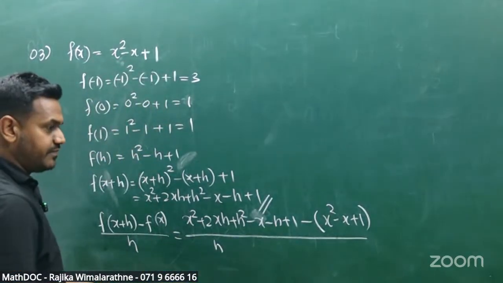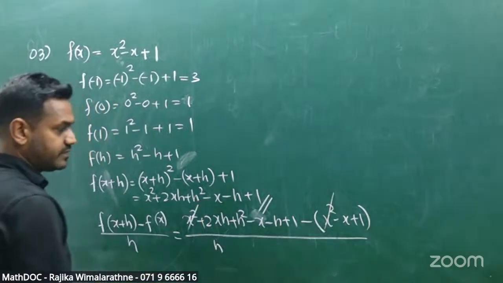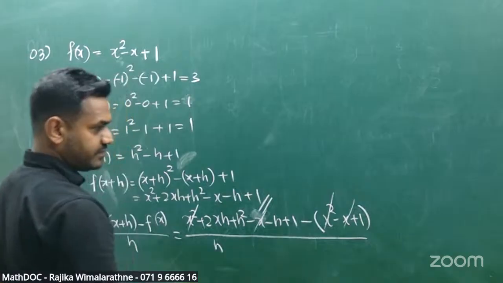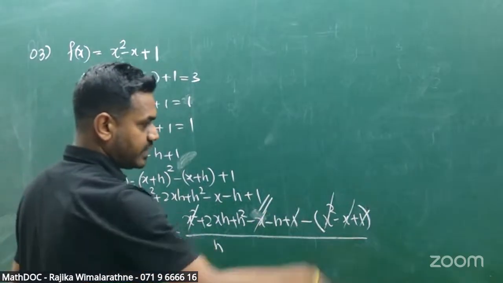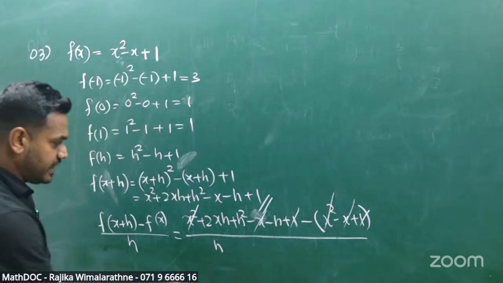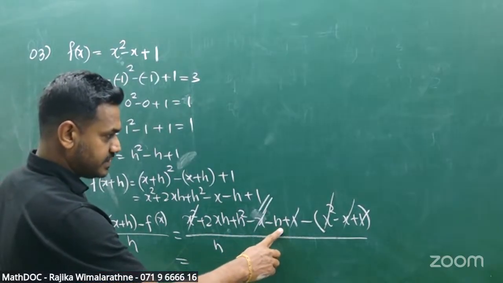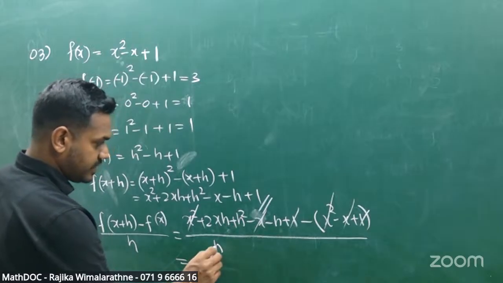Now just simplify. You can cancel the x squared term. Again, we can cancel the x term. Again, we can cancel 1. Then the final answer here is 2xh plus h squared minus h. Then further we can cancel h.